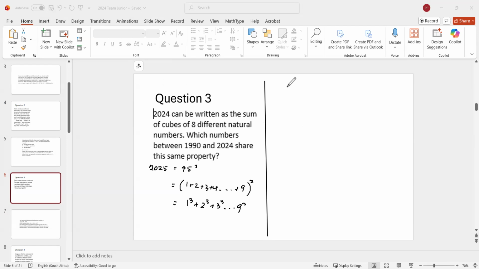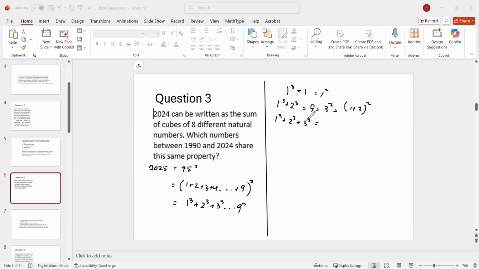You can say 1 cubed is 1, which is 1 squared. All right, let's try 1 cubed plus 2 cubed. 2 cubed is 8, 8 plus 1 is 9, 9 is 3 squared, and 3 is 1 plus 2. See, 1 plus 2 all squared is 1 cubed plus 2 cubed. Let's try 3 cubed.